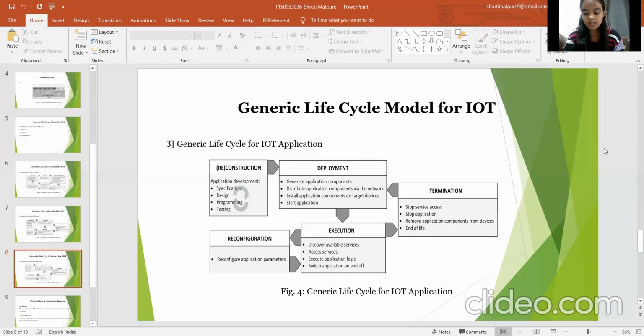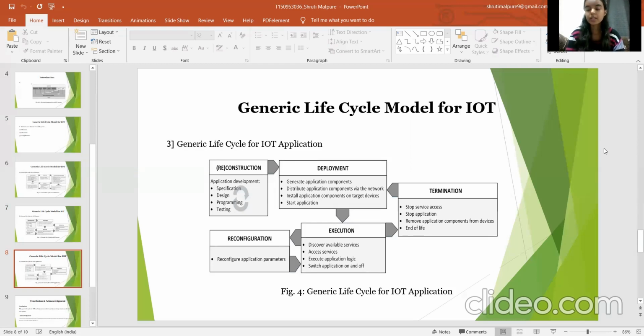The next stage is deployment. The deployment stage entails generating application components, distributing components via the network, installing the components to target service, and starting the component. Once deployed, the IoT application goes into execution stage.